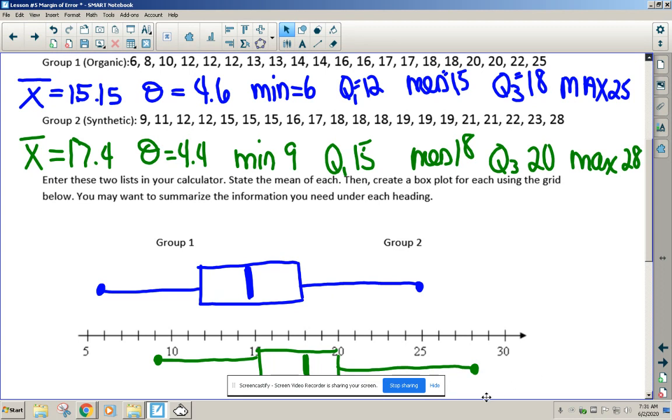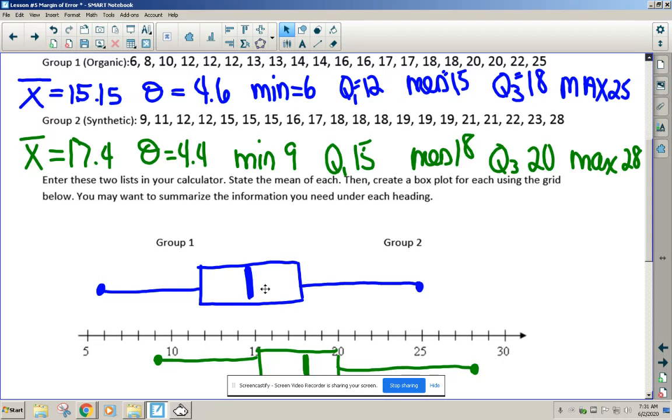So if we look at the descriptive statistics we have so far, the sample means and the box plot, what does the data suggest? The data suggests that the plants given the synthetic fertilizer grew more than those given the organic. So it definitely suggests that the synthetic fertilizer grew more than the organic.